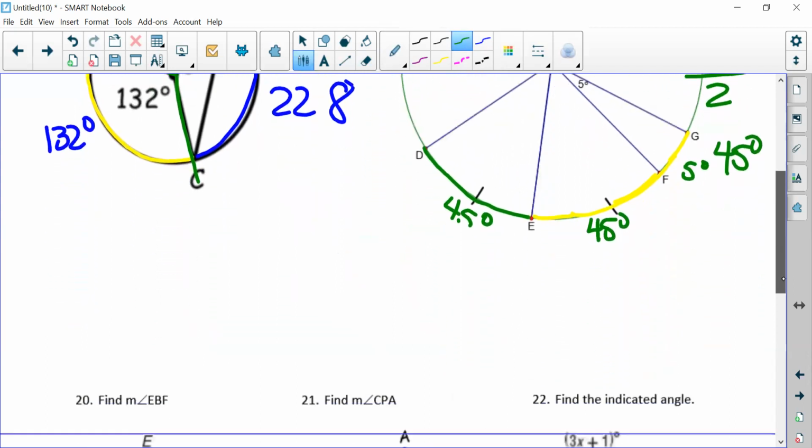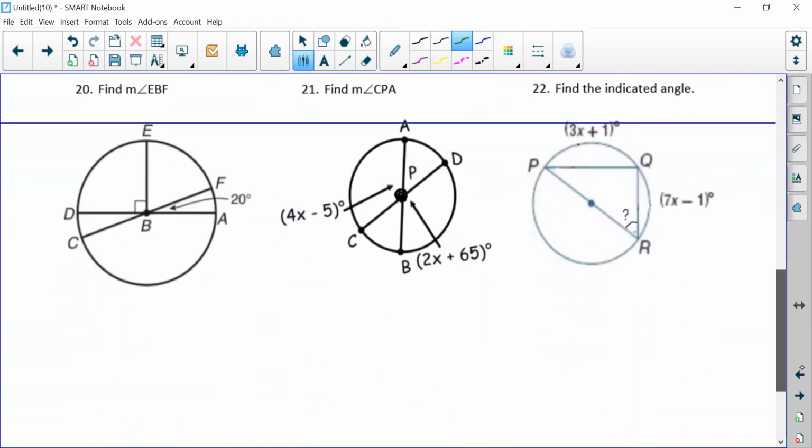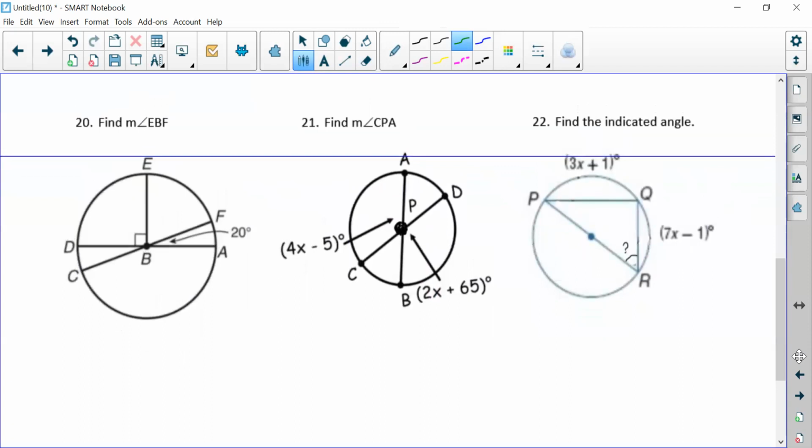Let's scroll down and look at problems 20 through 22. Okay. On problem number 20, they asked us to find the measure of angle EBF. Okay. What they do tell us is that the measure of angle ABF is 20, and that the measure of angle DBE is 90. Okay.